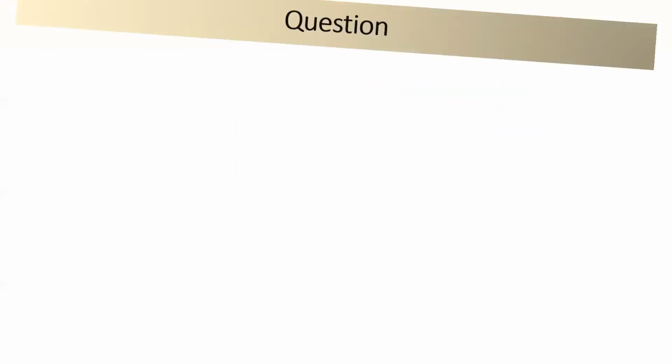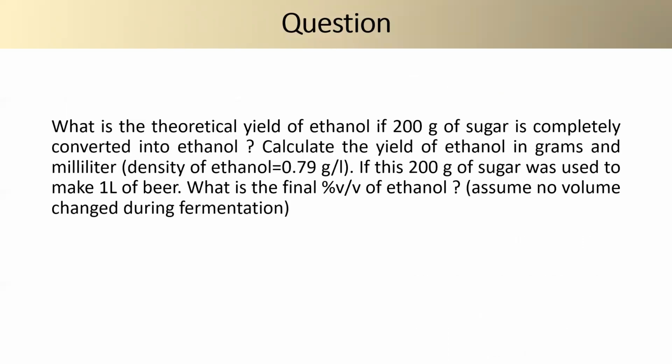Now, here comes one question for all of you. What is the theoretical yield of ethanol if 200 grams of sugar is completely converted into ethanol? Calculate the yield of ethanol in grams and ml. If this 200 grams of sugar was used to make 1 liter of beer, what is the final percentage volume by volume of ethanol?